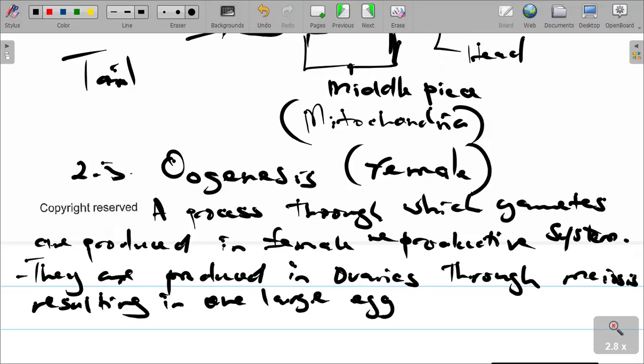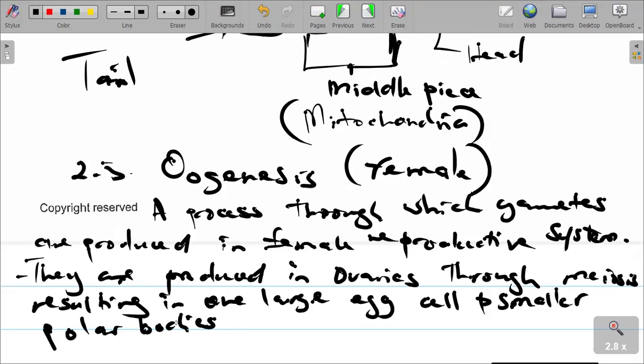It results in one large egg cell and smaller polar bodies, which degenerate. Smaller polar bodies that die.